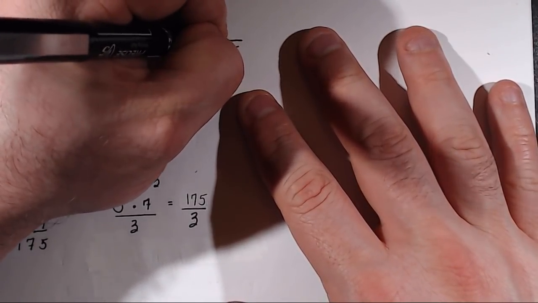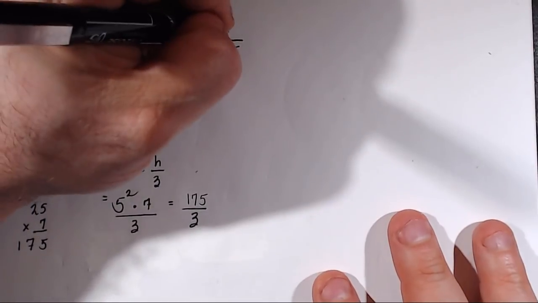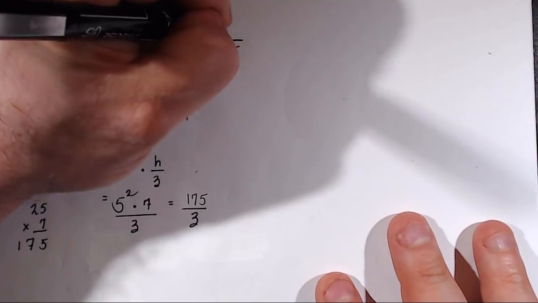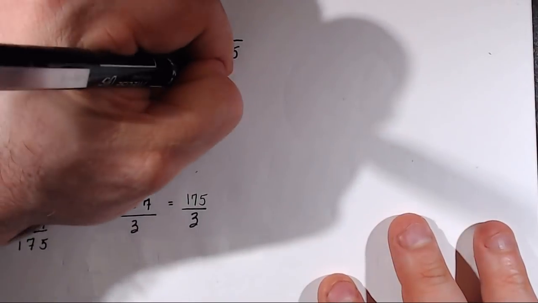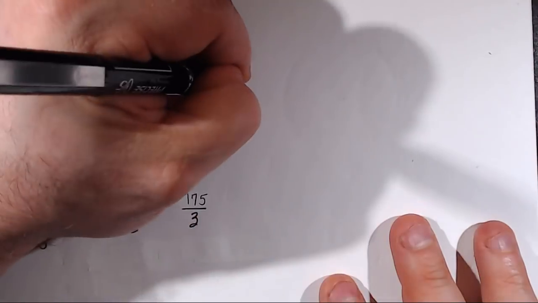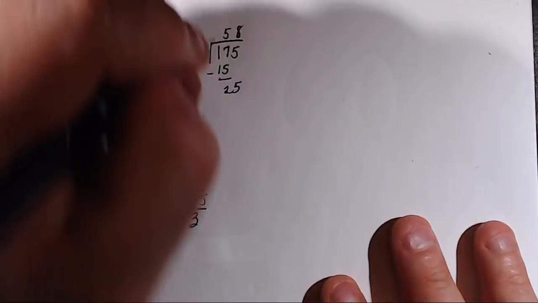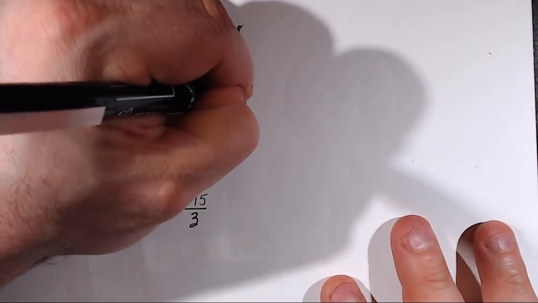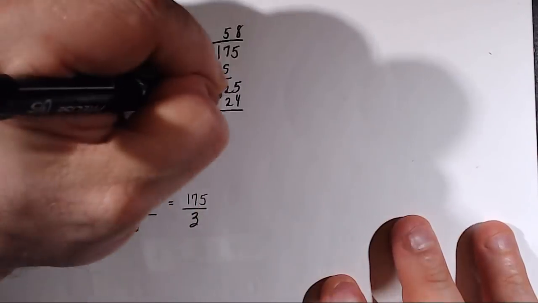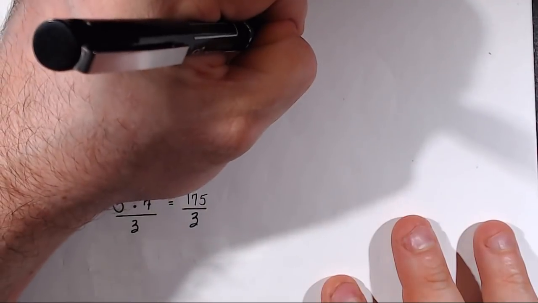So we'll do 175 divided by 3. 3 goes into 17 5 times. 5 times 3 is 15. 17 minus 15 is 2. Bring down the 5. 3 goes into 25 8 times. 8 times 3 is 24. 25 minus 24 is 1. So I have now 58 1/3.